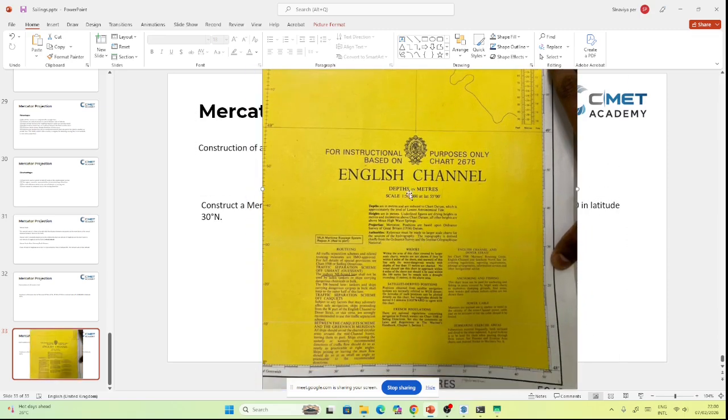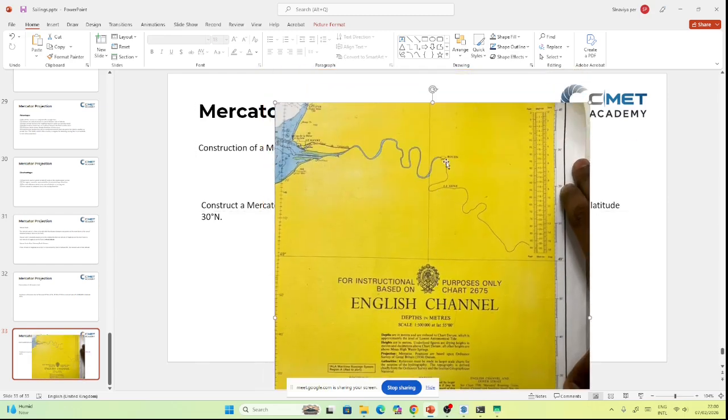By using the natural scale, multiply that millimeters by 500,000, you will get how many millimeters between these 2 points. Are we clear? Yeah, so basically that is natural scale.